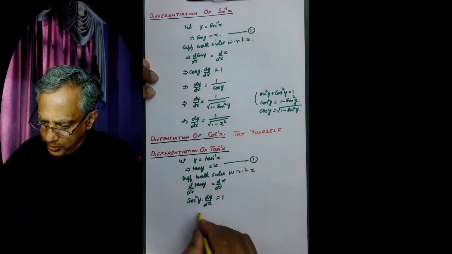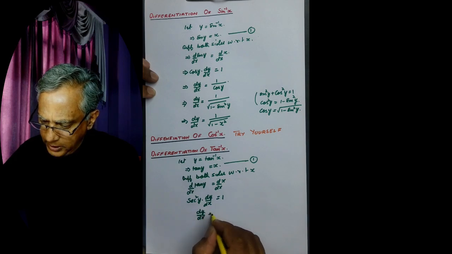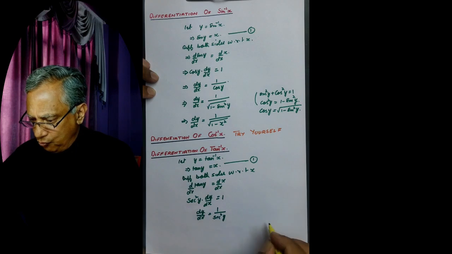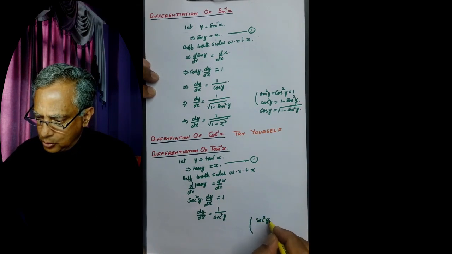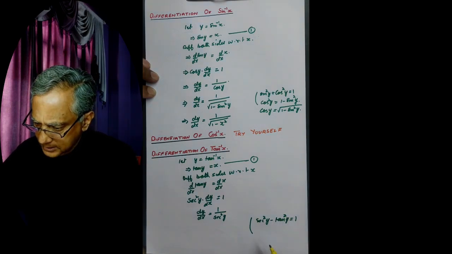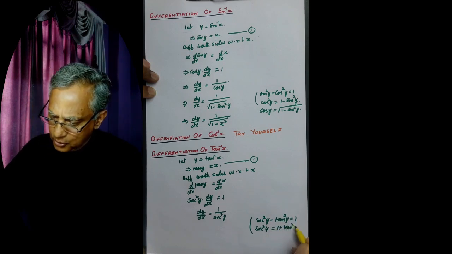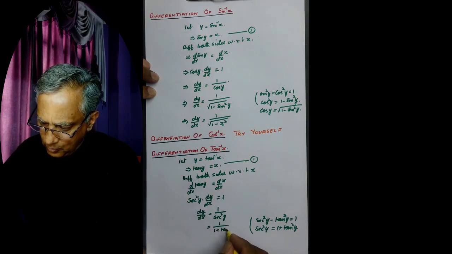So we get dy by dx is equal to 1 upon secant square y. Now we know secant square y minus tan square y is equal to 1. Therefore, secant square y is equal to 1 plus tan square y. So we will get 1 upon 1 plus tan square y.